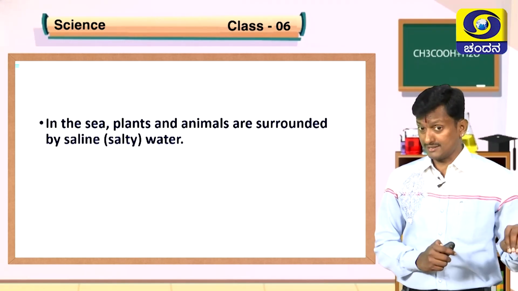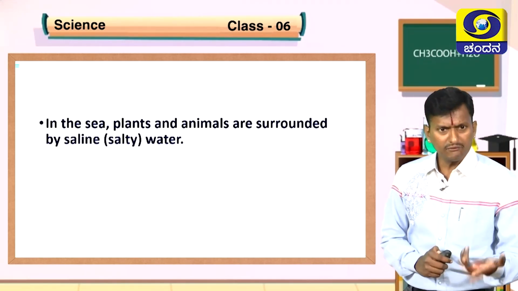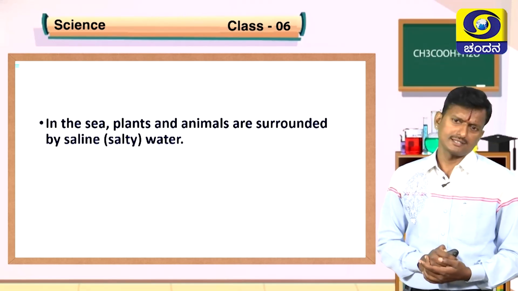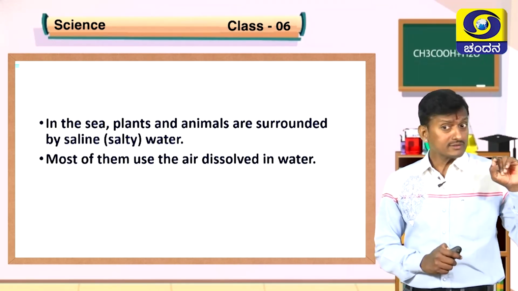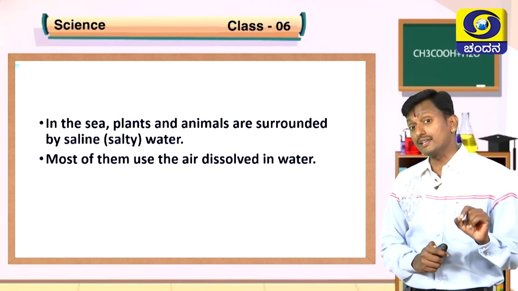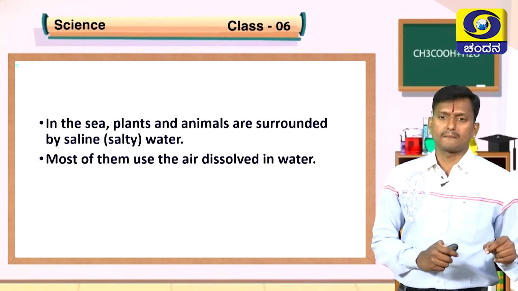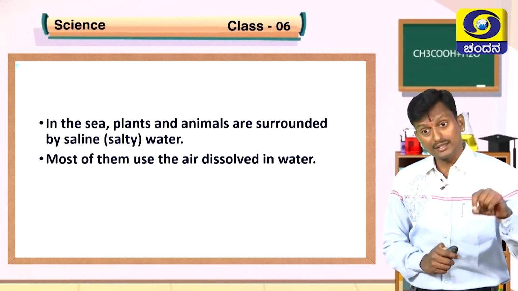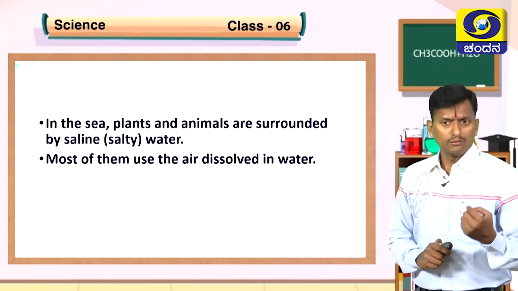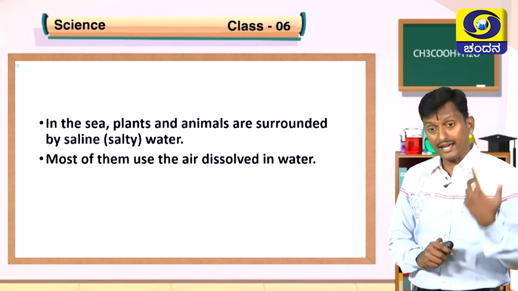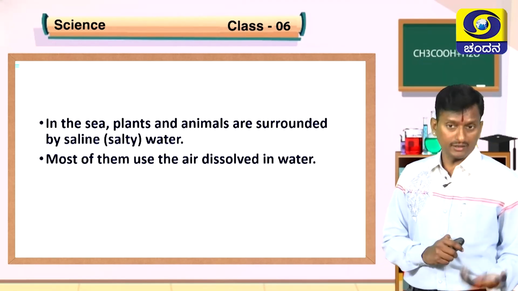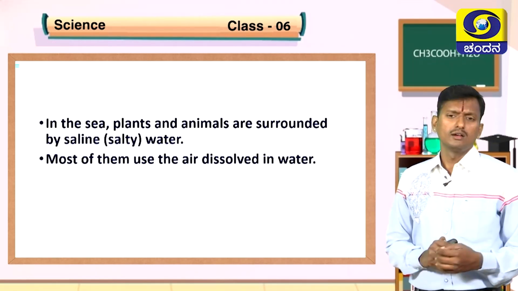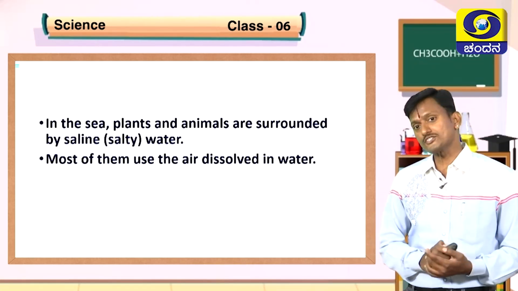But in those places, we find varieties of plants and animals. Most of them use the air dissolved in water. So, they breathe air which is dissolved in the water. You know what is the gas used by animals for breathing? Yes, that is oxygen.